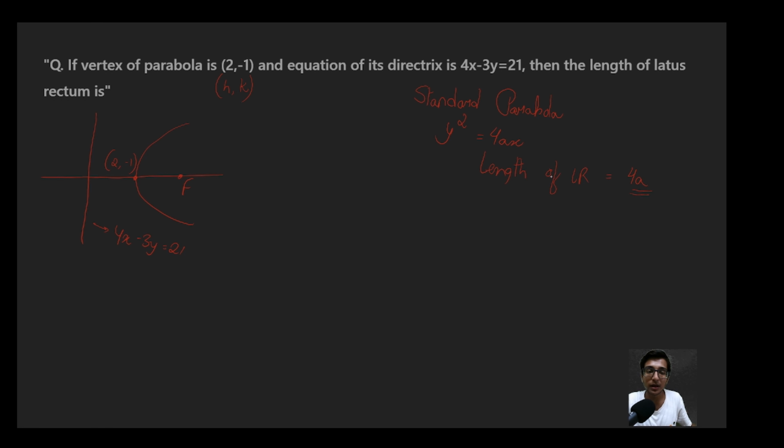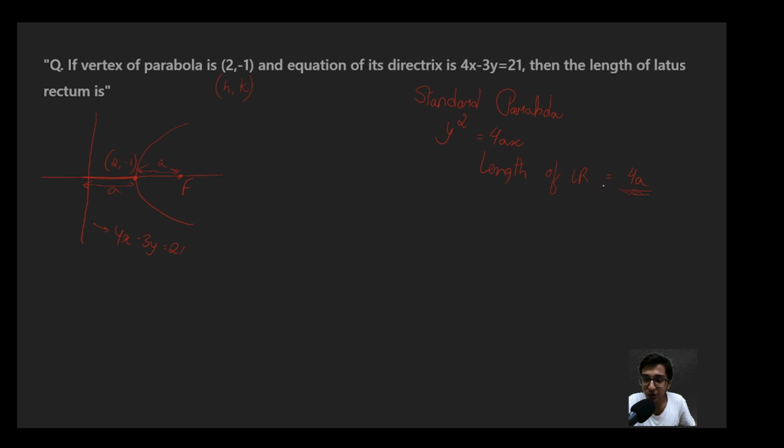So the same thing will be applied here. We know since this is the directrix, this is our parabola. So this distance up to the focus would be a, and if this distance is a, this would also be a. Once we find this distance a, we would be able to find our length of latus rectum by multiplying it by 4.